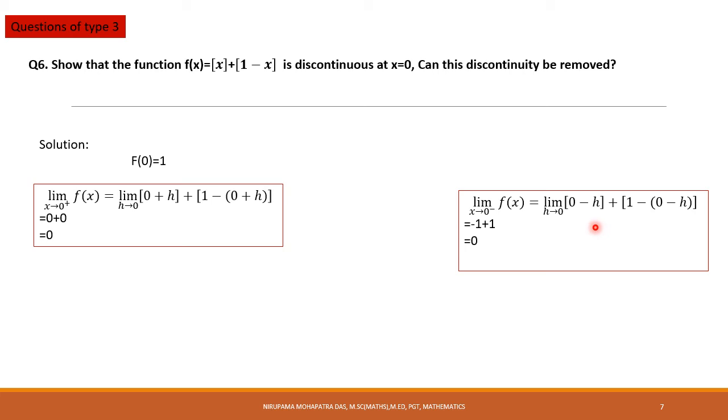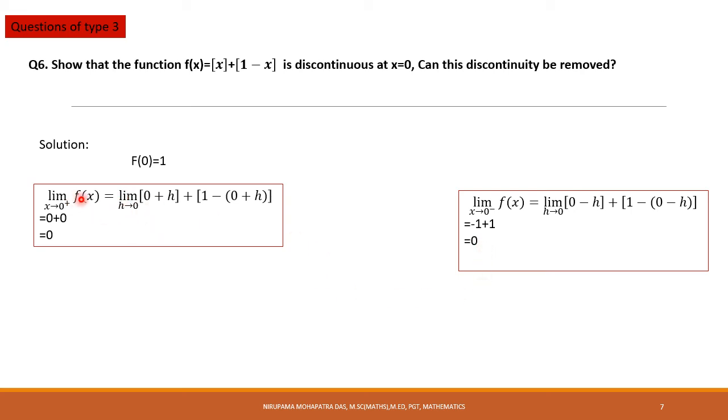So less than 0, bracket value is minus 1. It is 1 plus h, which means slightly more than 1. So the greatest integer function of this value will be 1. So you are getting minus 1 plus 1, that is 0.